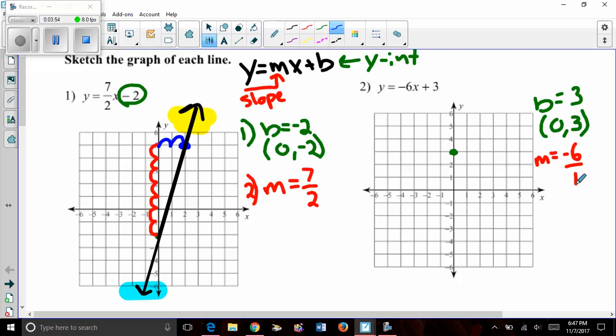When we divide it by 1, it now preserves the number 6. -6 is still my slope, but now it gives us all the numbers we need to count. To start, -6 tells me to count down 1, 2, 3, 4, 5, 6, and then to the right, a +1 right here, giving me this coordinate.